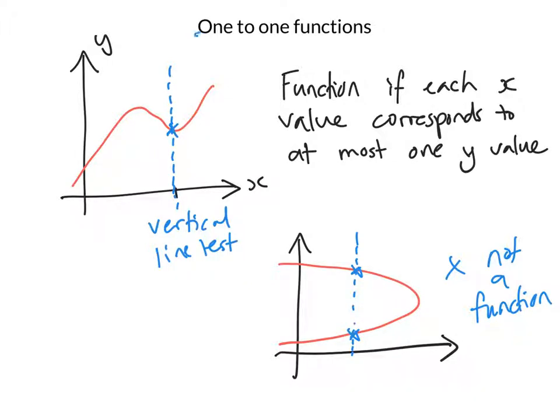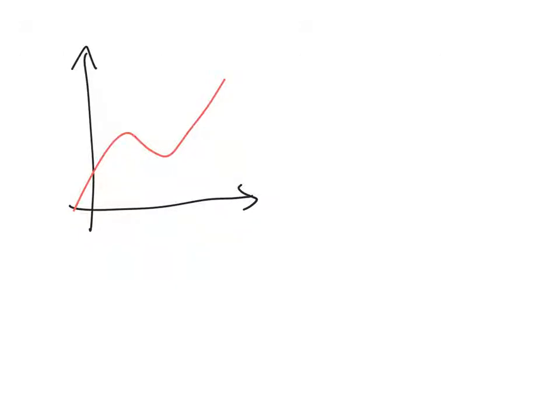Now let's think about what this one-to-one part means. A one-to-one function basically takes things one step further. It says that if you've got a function, let's say, we'll draw that one from before, for it to be one-to-one, what we need is, first of all, for each x value, there has to be only one y value, but the reverse has to be true as well.